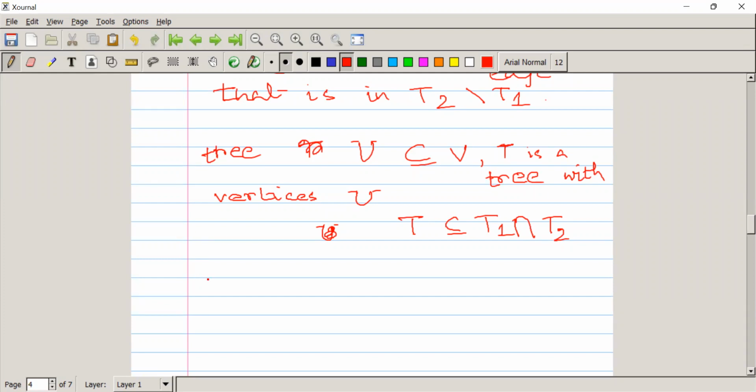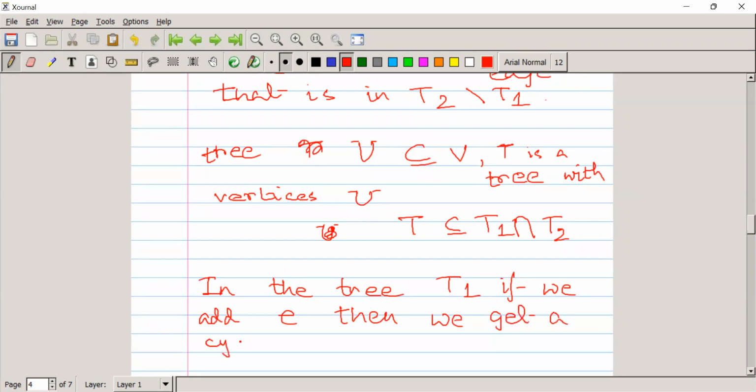So in the tree T1, if we add E, then we get a cycle, right?